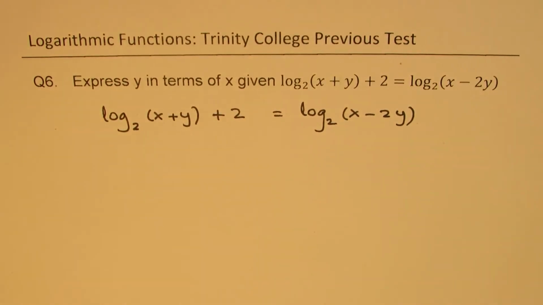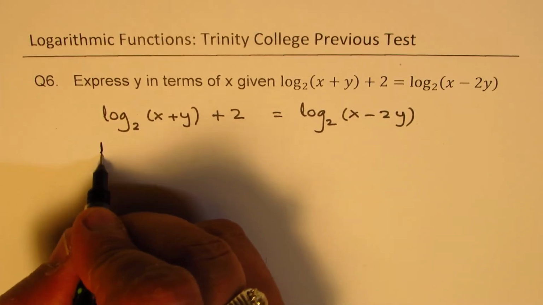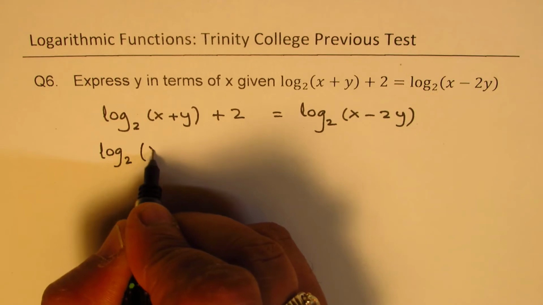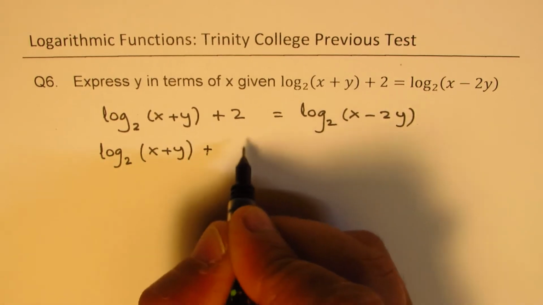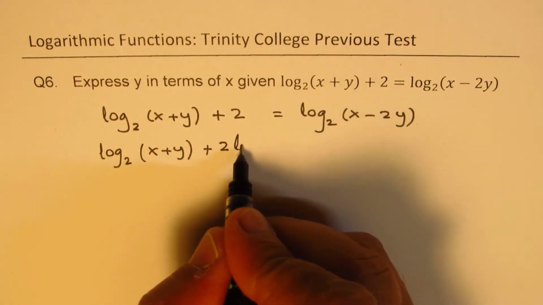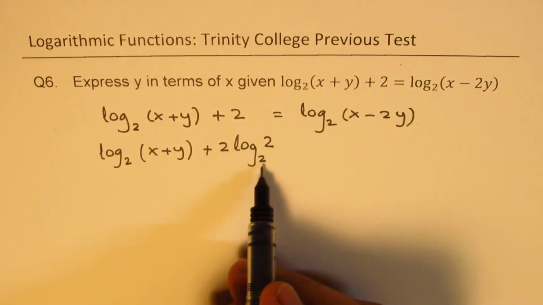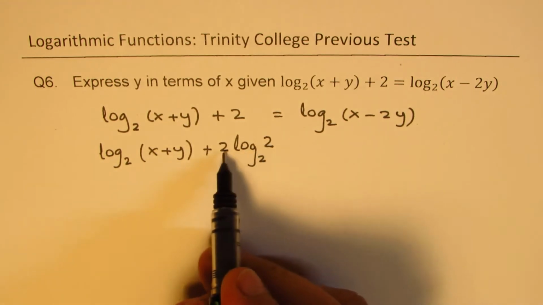Correct? Now, number 2 can be written as log, let's rewrite. So we could write this as log to the base 2 of x plus y plus 2 times log to the base 2 of 2, right? So log to the base 2 of 2 is 1, so we get 2.